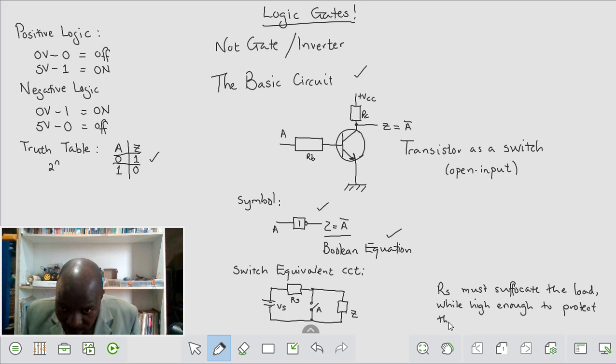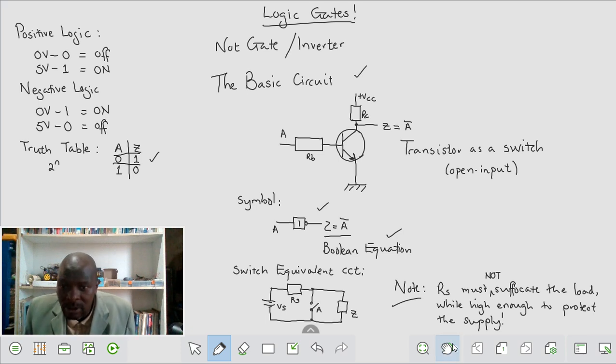The supply. So it must not be too high to kill the load, but it must be high enough. RS must not suffocate the load while remaining high enough to protect the what? The supply. So I hope this helps. What do we know?